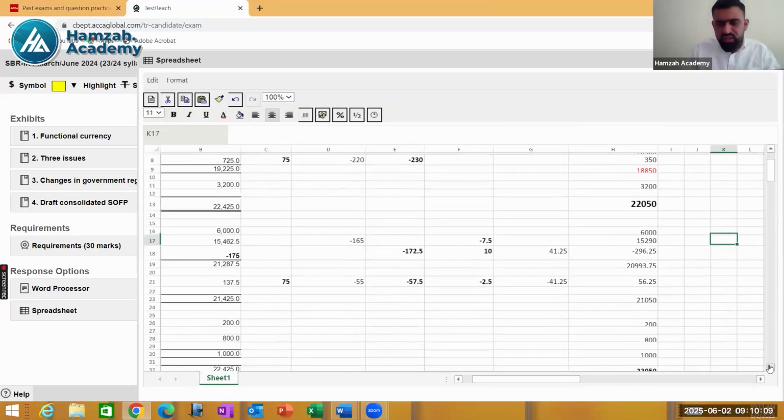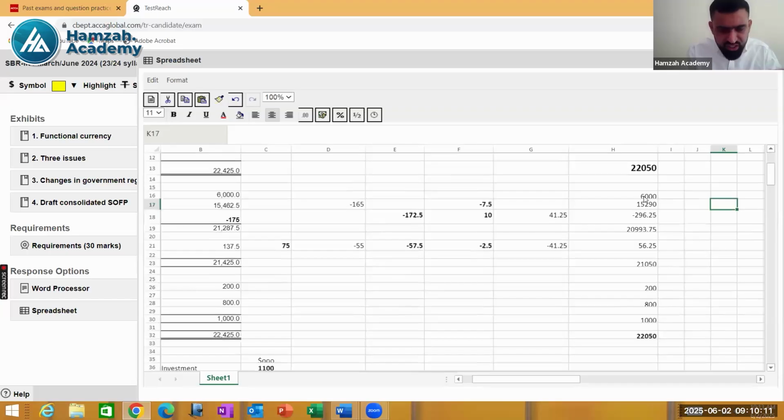Then on the equity and liability side, there is no change in the share capital. It is still 6,000. Group retained earnings has been changed. We have the goodwill impairment. Then we have the adjustment relating to the translation of the loss for the year.